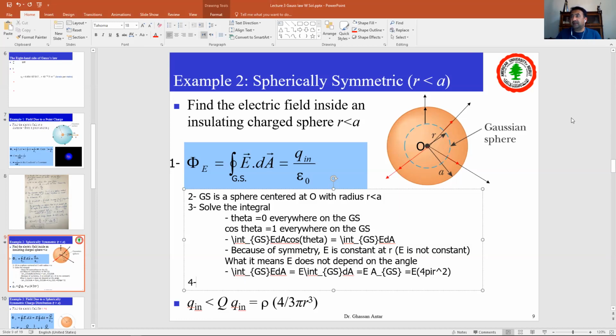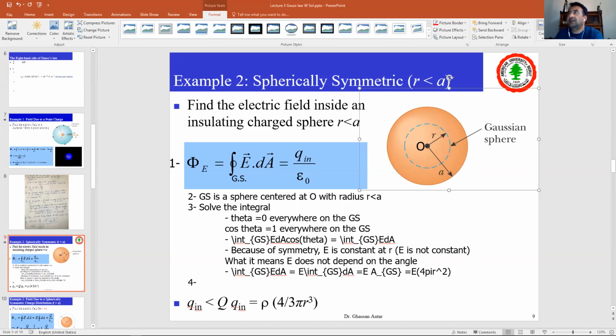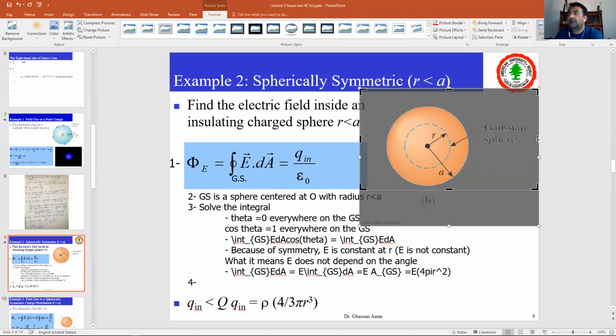Let me first get rid of these. I hope it is clear why the electric field and dA are always parallel in the way we have chosen it. This is why the choice of the Gaussian surface is very important.